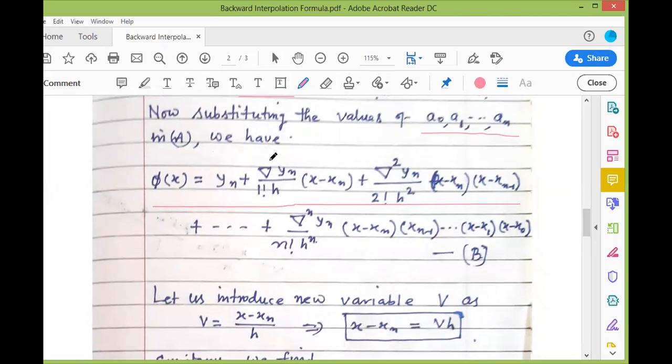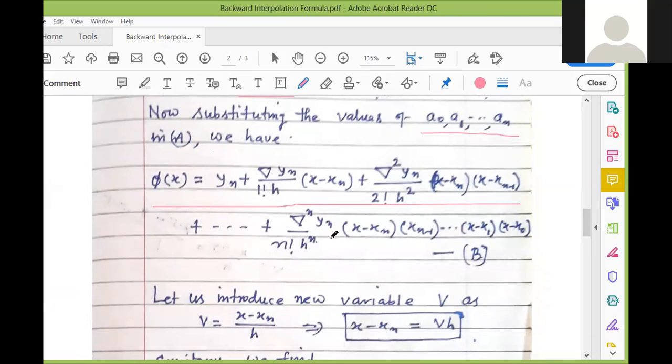Here we have only substituted the values of the coefficients a naught, a1, a2, so forth, so on, an. The only remaining things, which are the same as they were, are this part and this part. The coefficients have been replaced by their evaluated values.